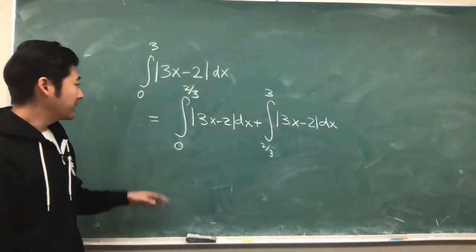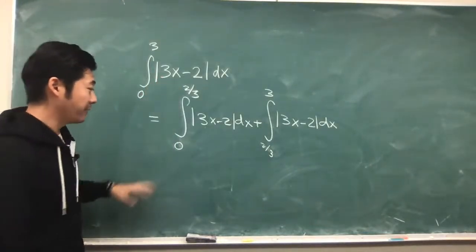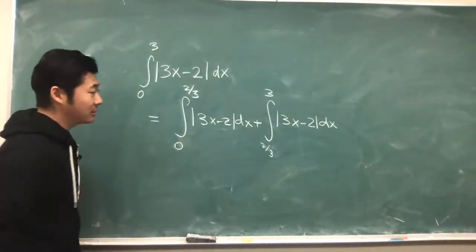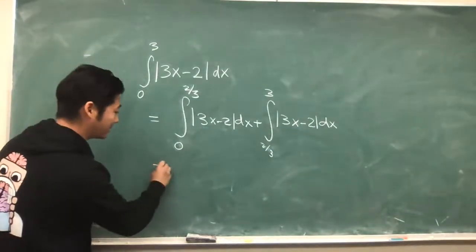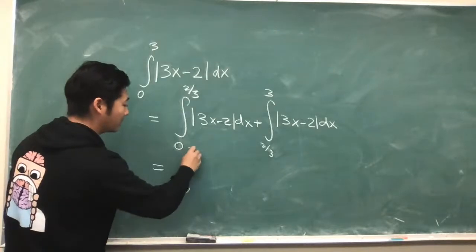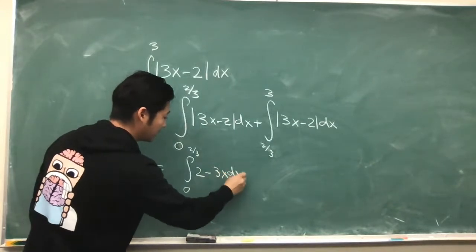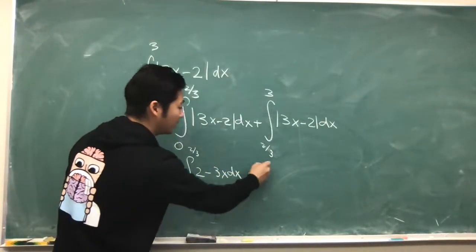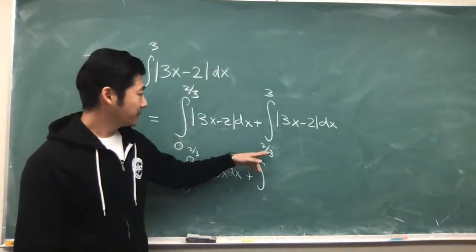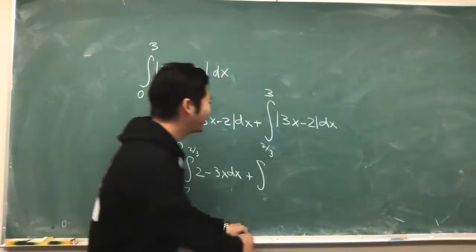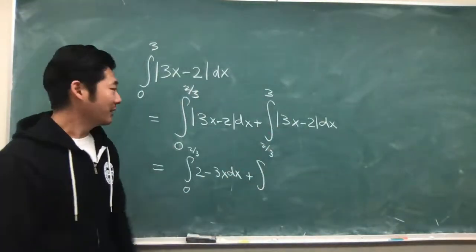This is nice because now you are only looking for values between 0 and 2/3. And for those values, the inside expression is always negative. So the absolute value just flips it. So this is actually just the integral from 0 to 2/3 of 2 minus 3x dx, plus this integral. It's always positive from 2/3, right? And so you don't need the absolute value. Like the absolute value does nothing.